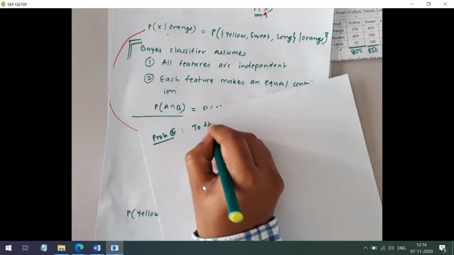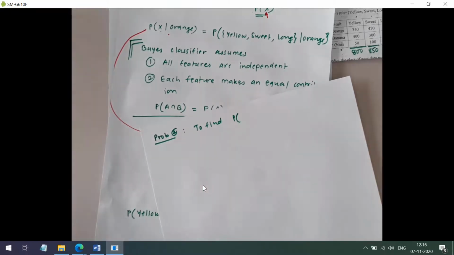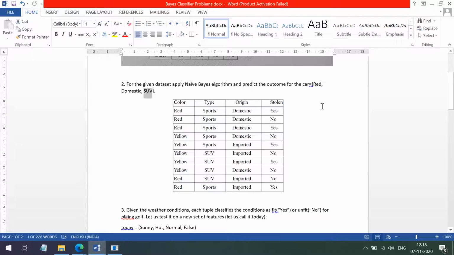What we have to find is the probability for each class, yes and no: probability of yes given x, and probability of no given x. And what is x? x is our given instance, that is red, domestic and SUV.